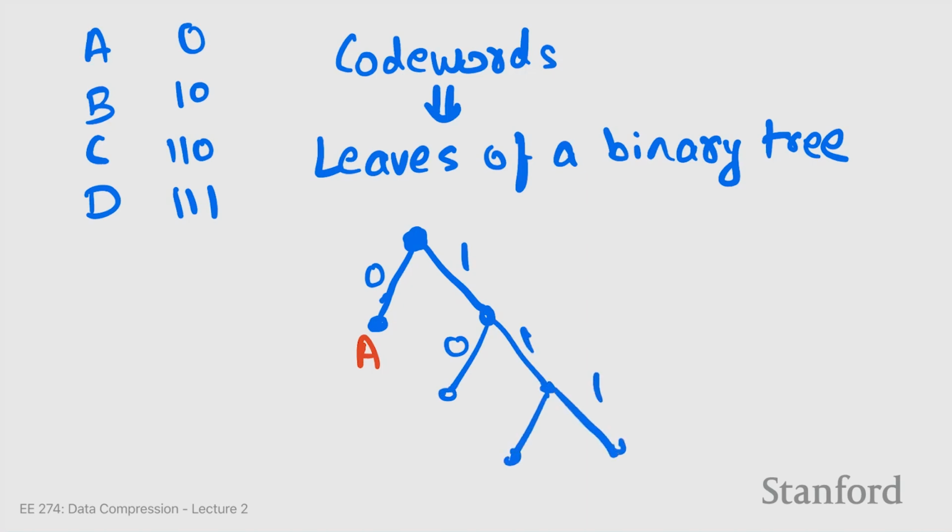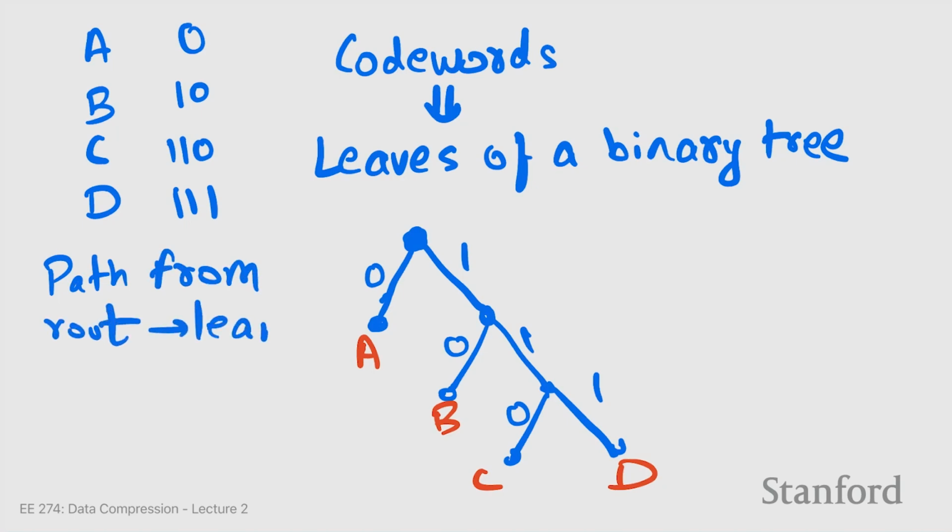Very simple stuff really, if you think about it. So the path from the root to the leaf gives you the code word basically. So path from root to leaf equals code word.